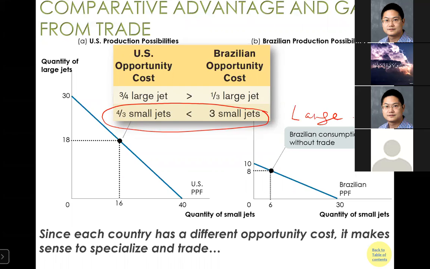So this is the US. On the other hand, Brazil has a smaller cost in producing small jets. So this is Brazil. Brazil is specialized in producing small jets because they have a smaller opportunity cost of small jet in terms of larger jet.